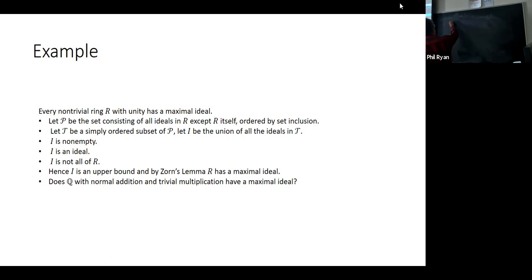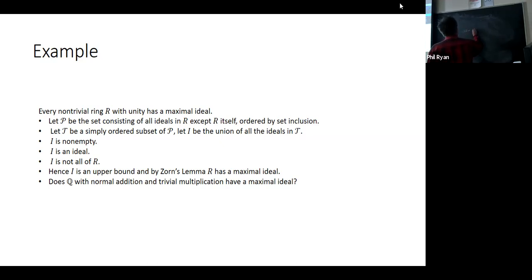So if R is a ring, an ideal is an additive subgroup. Ideal is kind of like for rings what normal subgroups are for groups.